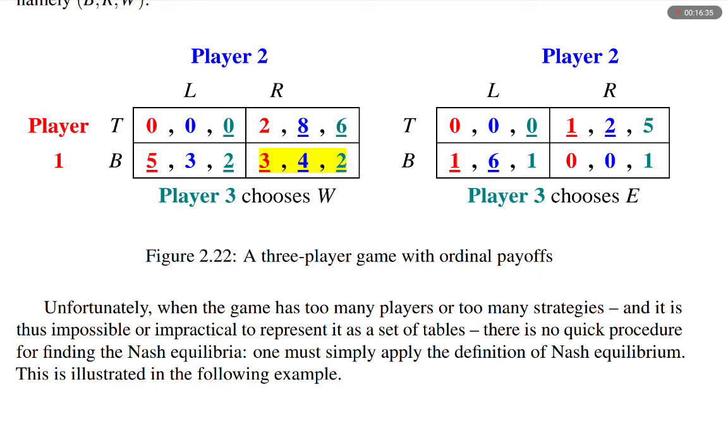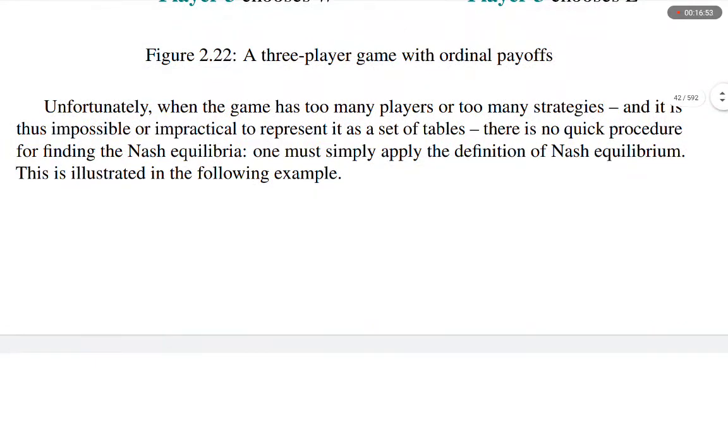In the next 2x2 grid, again with 3 payoffs, we have 0, 0, 0, 1, 2, 5, 1, 6, 1, 0, 0, 1. Again, that's a 3-player game with ordinal payoffs.